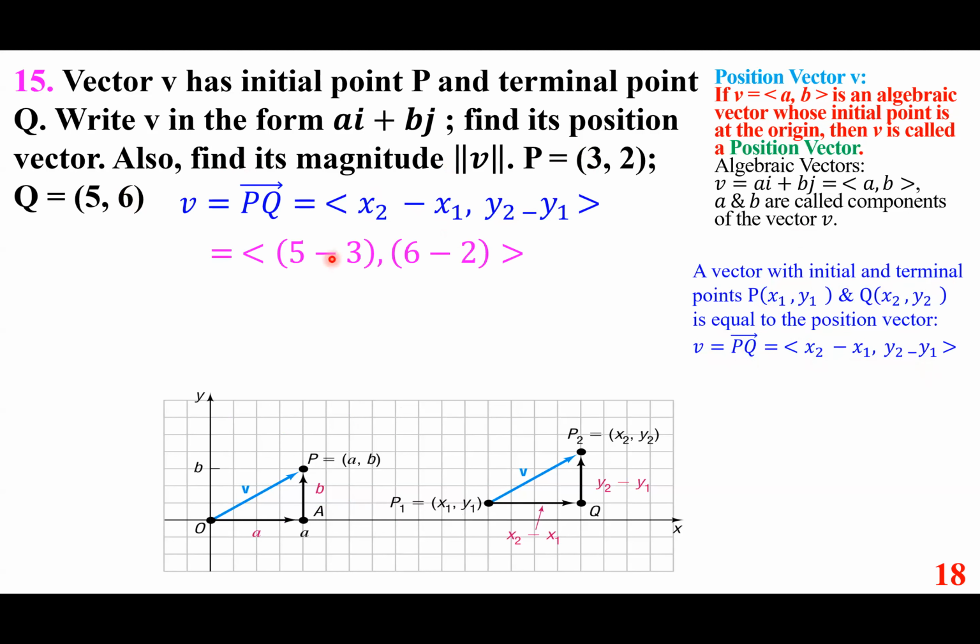And that gives us 2, that gives us 4. So those are the components. And we can write the vector as 5 minus 3 i plus 6 minus 2 j, or simply use those that you found, 2i plus 4j. These two mean absolutely the same thing.